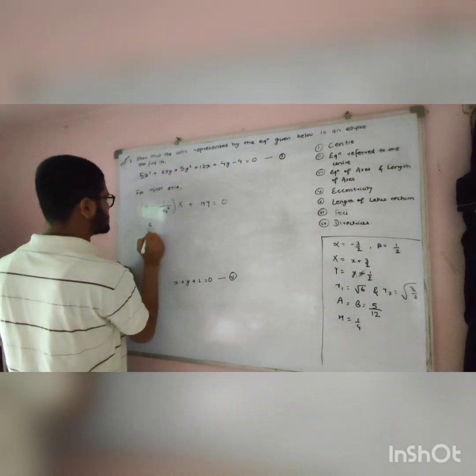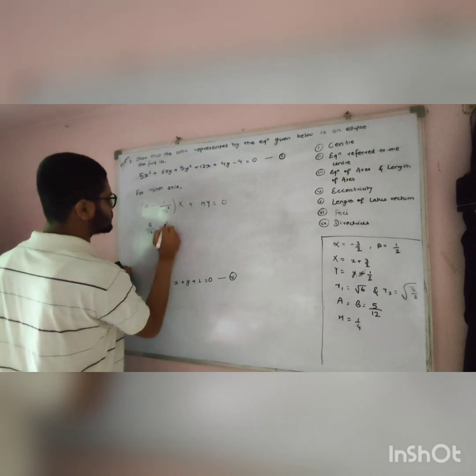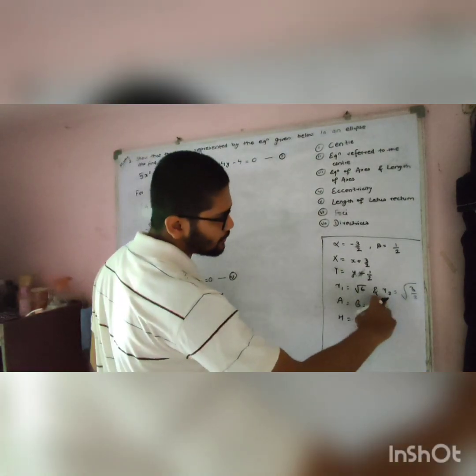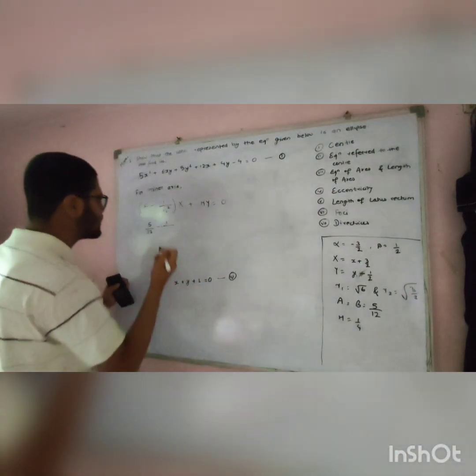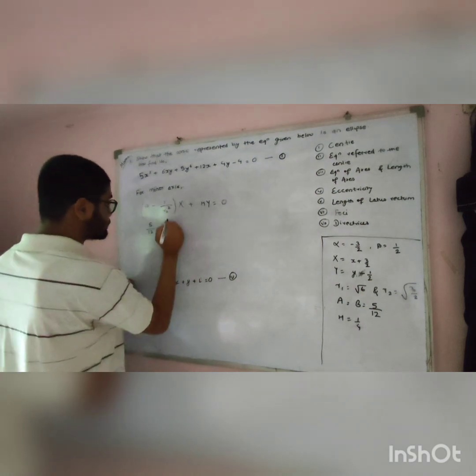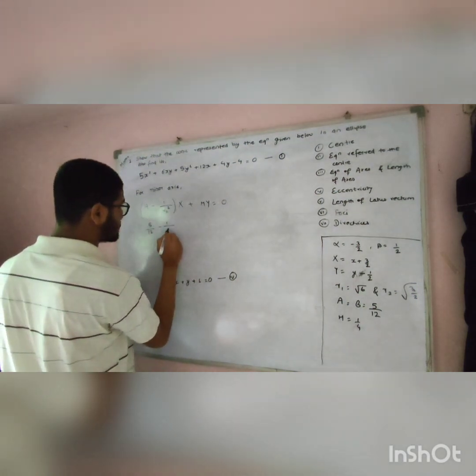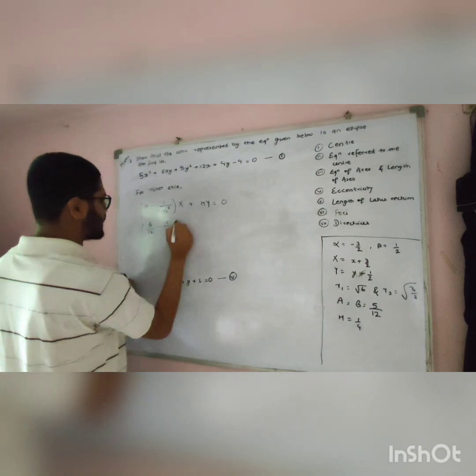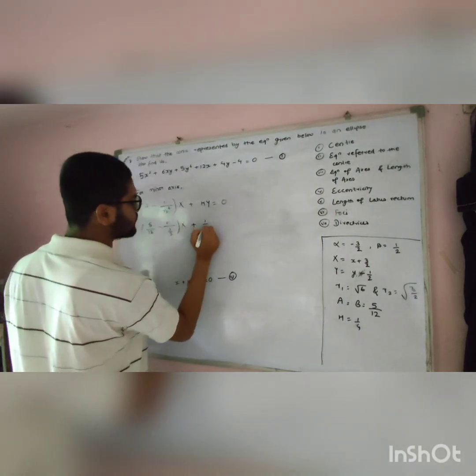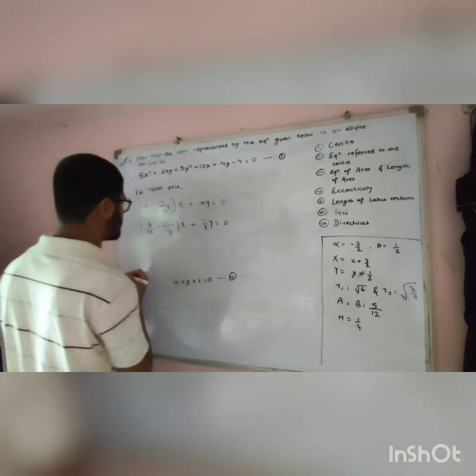Now we can write minus 1 by the value of r2 is root under 3 by 2, and if you write it here, it will be 3 by 2 times x plus 1 by 4 times of y is equal to 0.